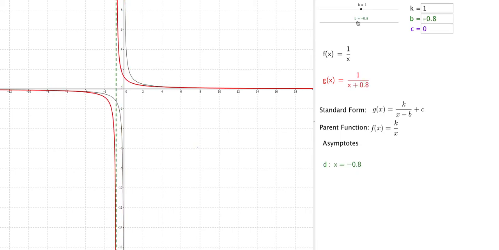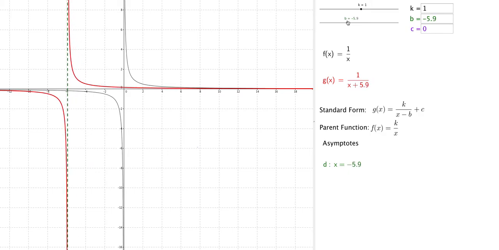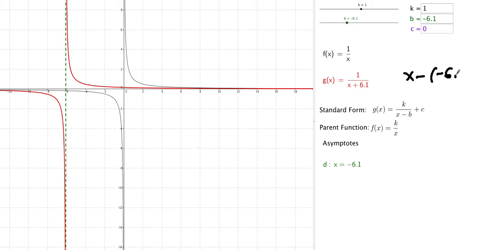If I shift b to the left, now we have a positive number under here because the standard form is x minus b. So if b is negative 6.1, then you would have x minus negative 6.1, which shows up as x plus 6.1, and that's how it shows up underneath here.